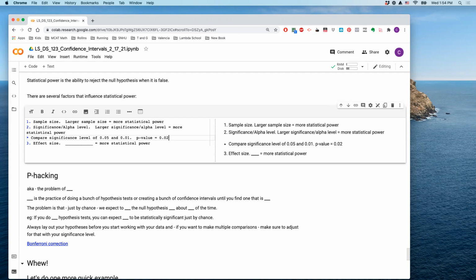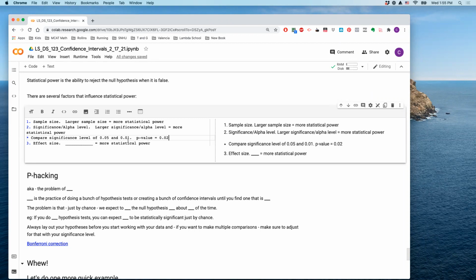So if I have a p-value of 0.02, I'm going to be able to reject the null hypothesis at the 0.05 level, but not at the 0.01 level.